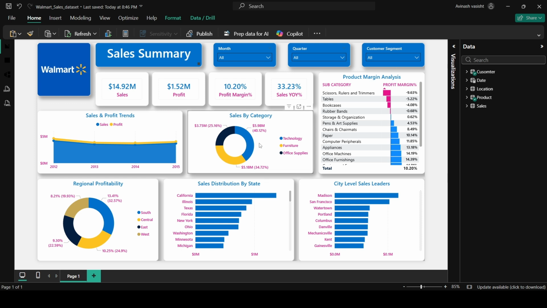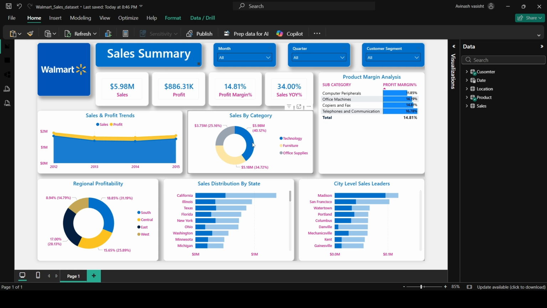As we can see, we have a sales and profit trend. Sales by category: we have three categories, technology, furniture, and office supplies. And product margin analysis. As we have discussed, there is no subcategory in technology that is making a loss.